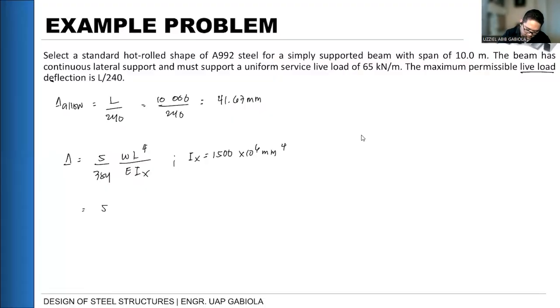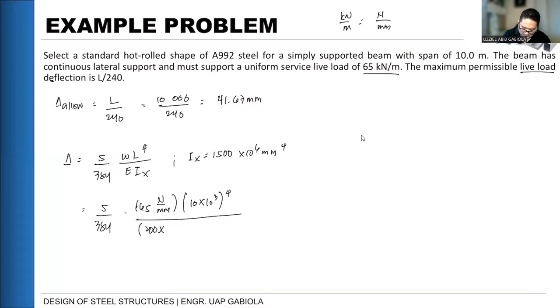So, this will be 5 over 384 times yung w natin, live load lang, so 65 kilonewton per meter, which is equal din sa newton per mm, times 10,000 to the fourth all over E natin is 200,000 and I natin is 1.5 times 10 to the 6.